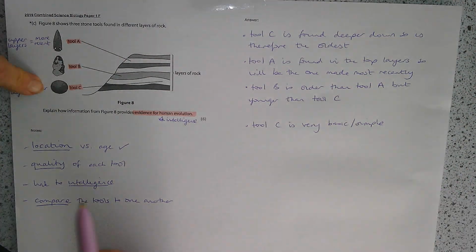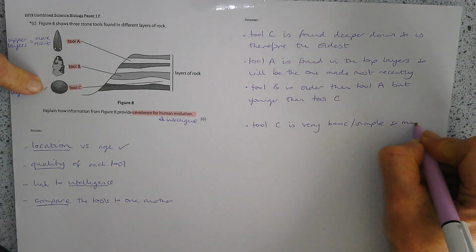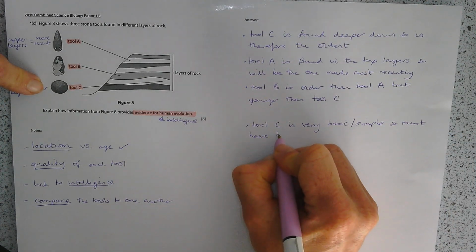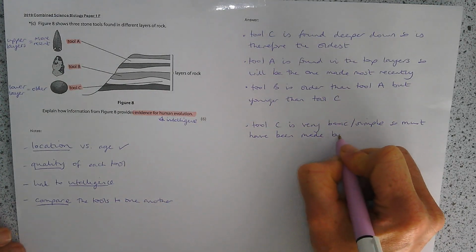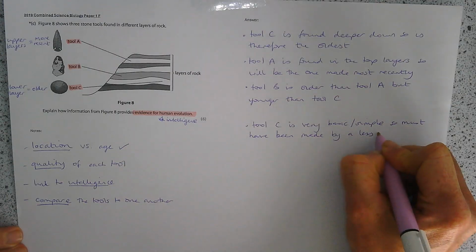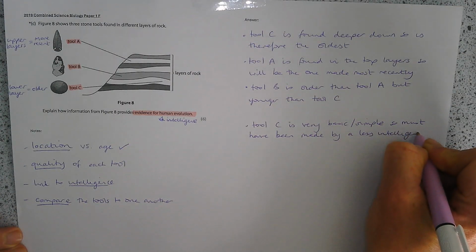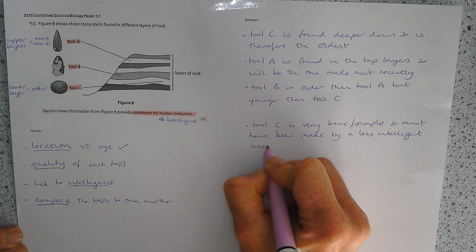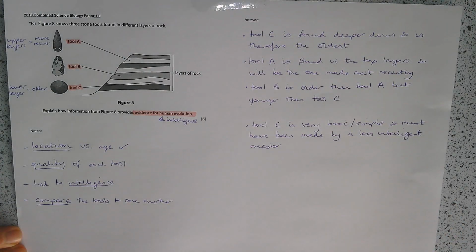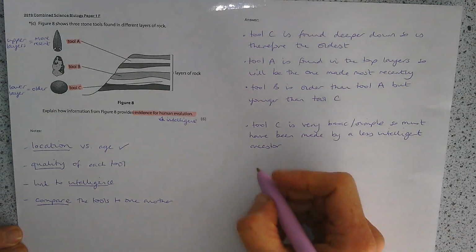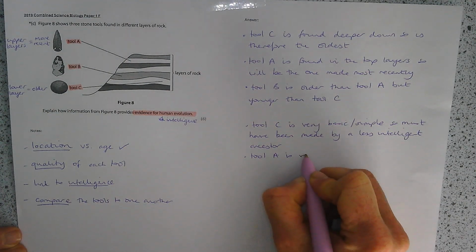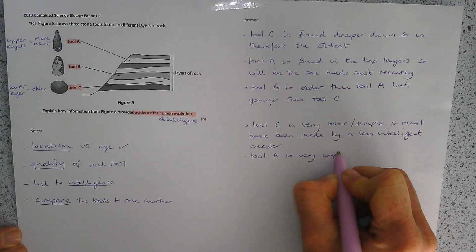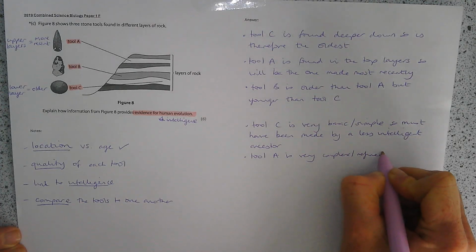So I can actually link that straight away to intelligence. So must have been made by a less intelligent, and we can use the word ancestor here, so just the other species that we've evolved from, and then we can say tool A is very complex, it's nice and refined, it's nice and sharp.